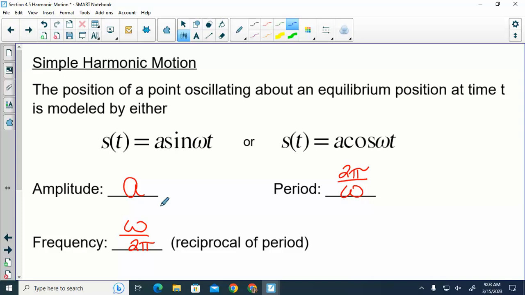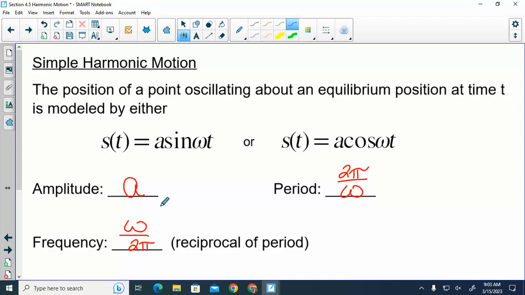So basically, the period is how long it takes to make one complete cycle. The frequency would be like saying how much of a cycle you complete each second.